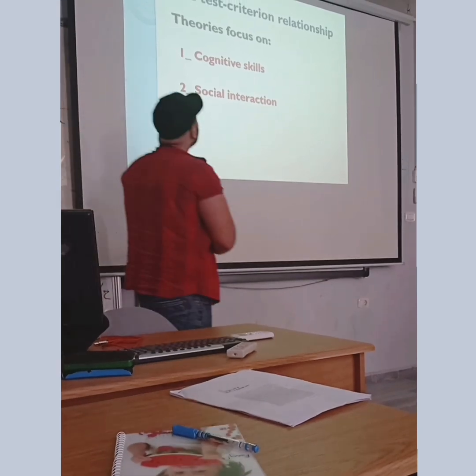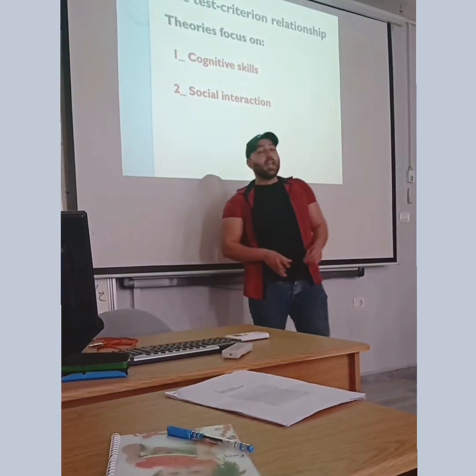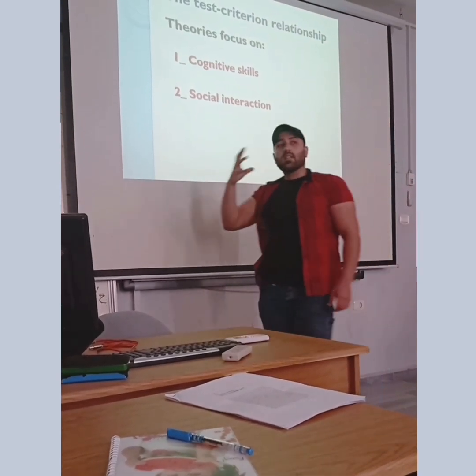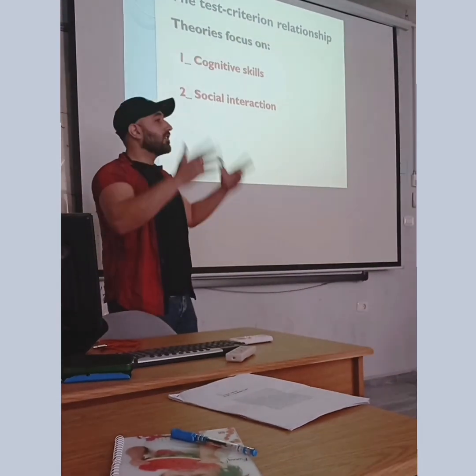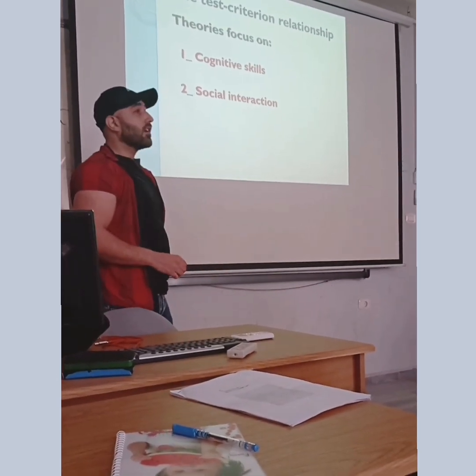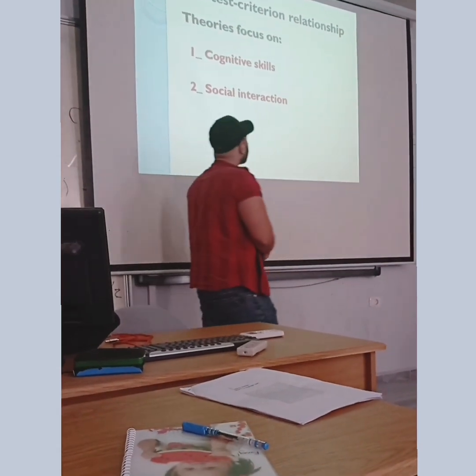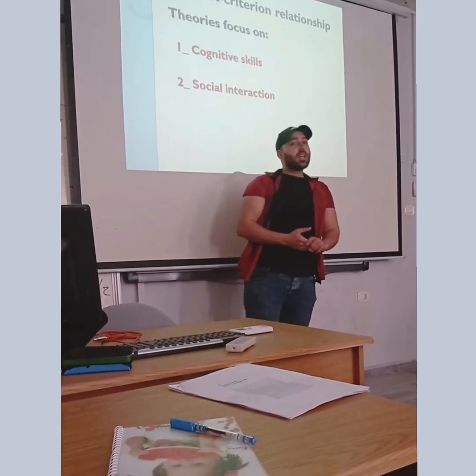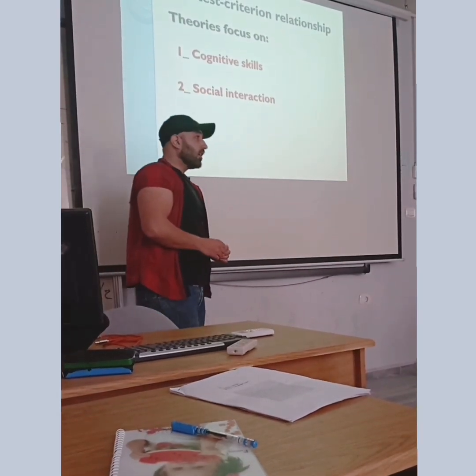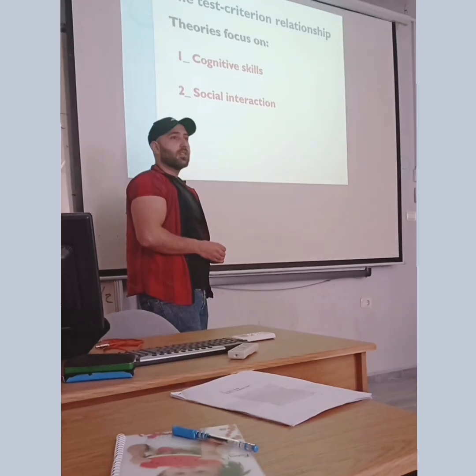The test-criterion relationship. Okay, tests are based on theories. And some of these theories focus on cognitive skills, like mental skills, your knowledge about the language. Others focus on social interaction, communication, role. For example, someone asks you about a food that he has prepared. And you said, the previous one was delicious.